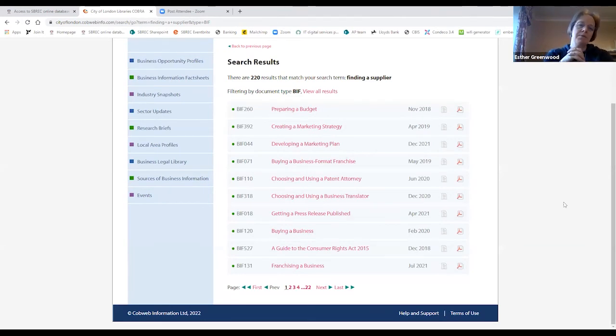But that might also be a good place to look, because it has listings of businesses on there, and trade bodies that are active in a particular country as well. So that might be useful if people are trading overseas. So useful.